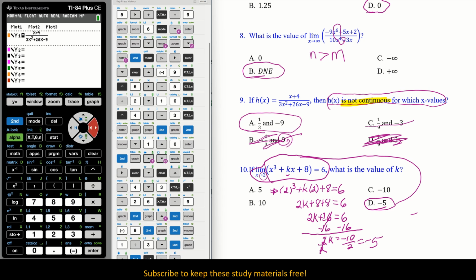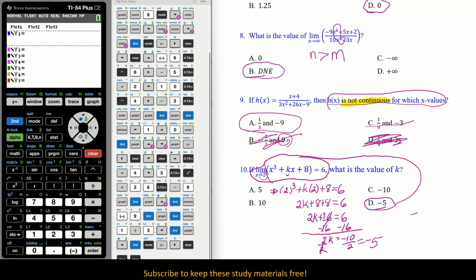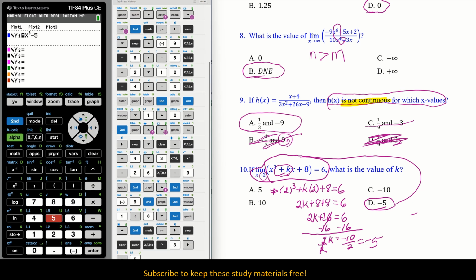Okay, let's go here, clear every single thing out. All right, so what do we need? We need x, caret up to the third, arrow over. So now, instead of having plus k, we're going to have -5x plus 8, and I entered it correctly.